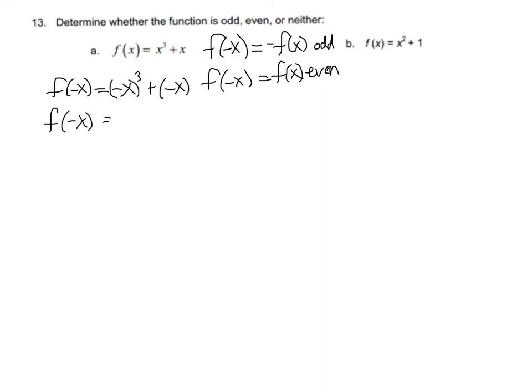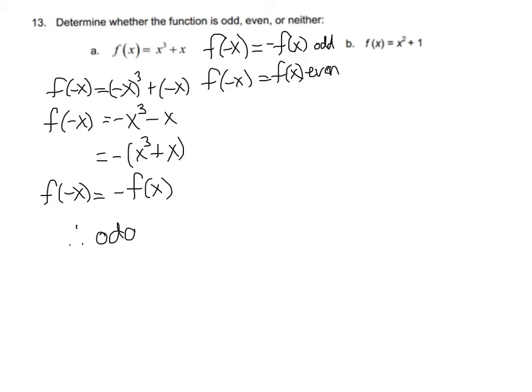So the opposite of x cubed is the opposite of x cubed, and plus a negative x is just a minus x. I can then factor out a negative, and I'm left with x cubed plus x, which was my original f of x value. So I've actually shown generically that f of the opposite of x is equal to the opposite of f of x. Therefore, this is odd.